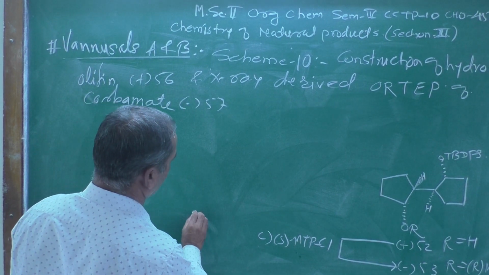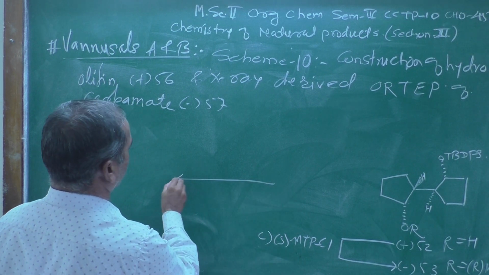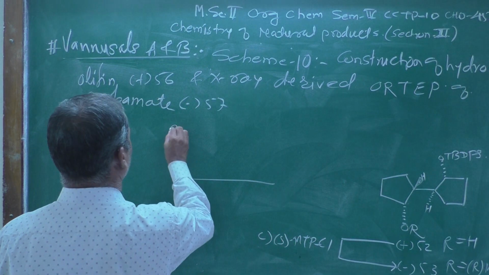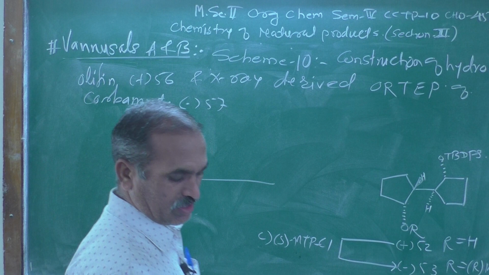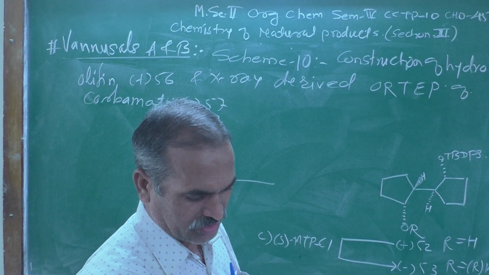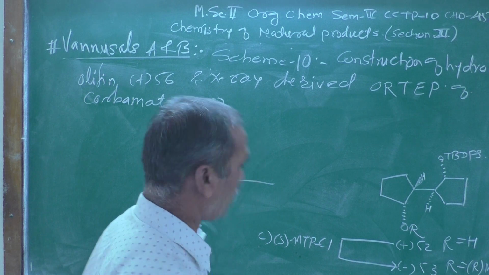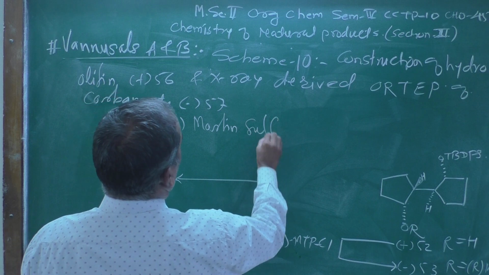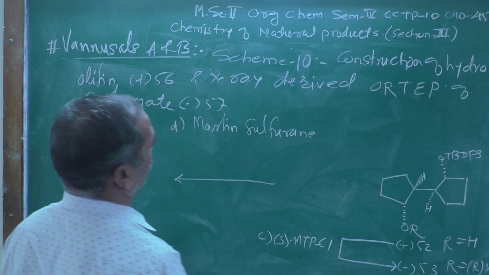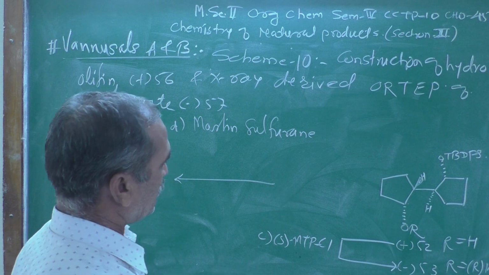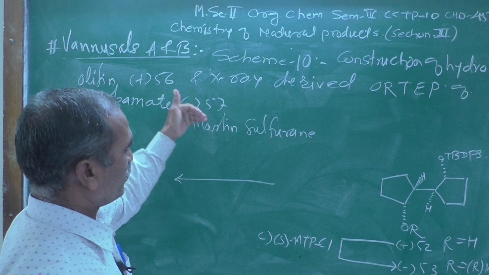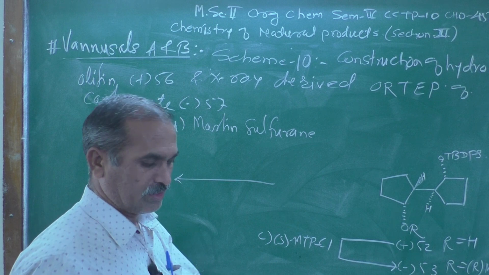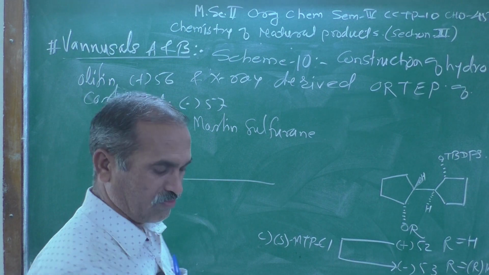The reagent I am going to use over here, number D, up to C we have seen, D will be the reagent Martin sulfurane. Martin sulfurane is one of the very good reagents. Later on I will discuss in detail how it plays an important role in organic transformation.